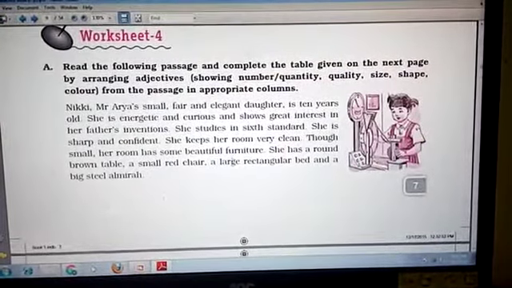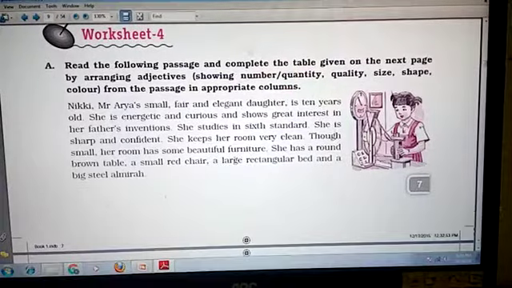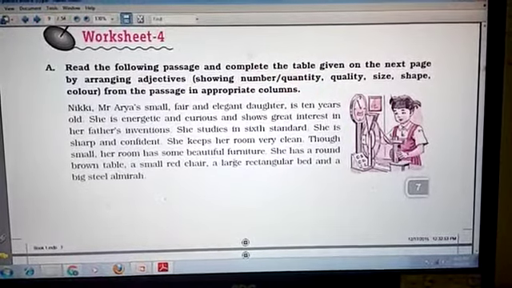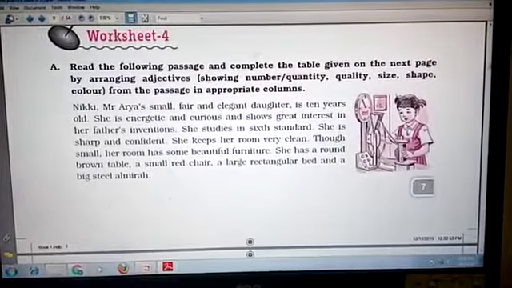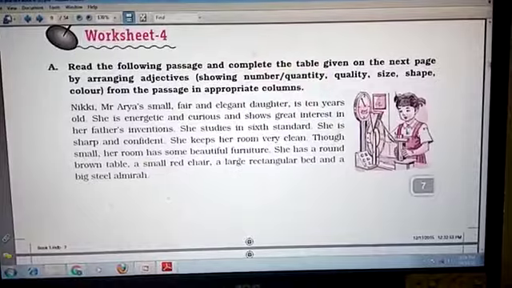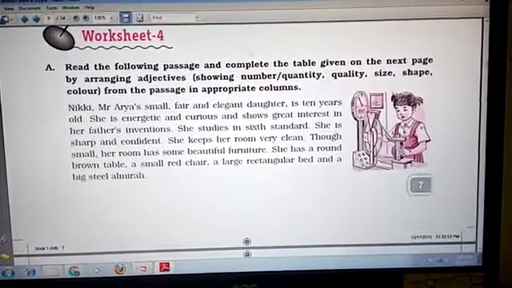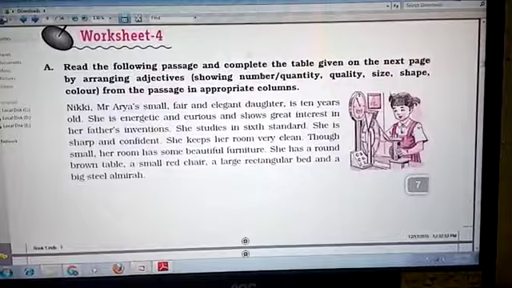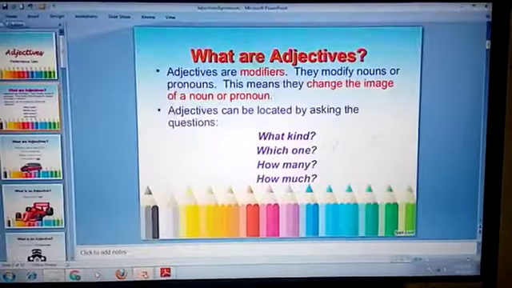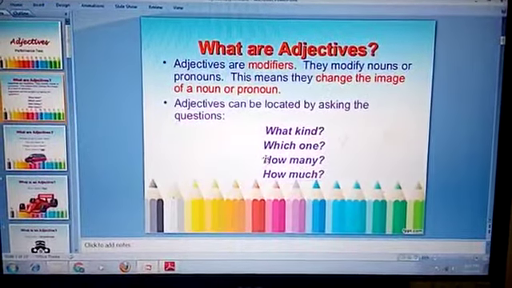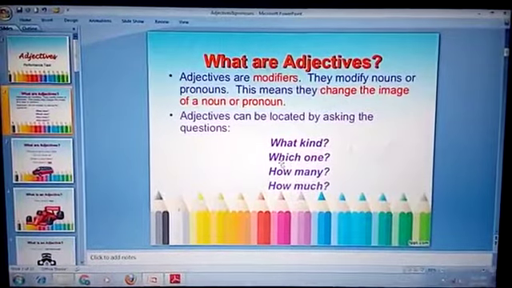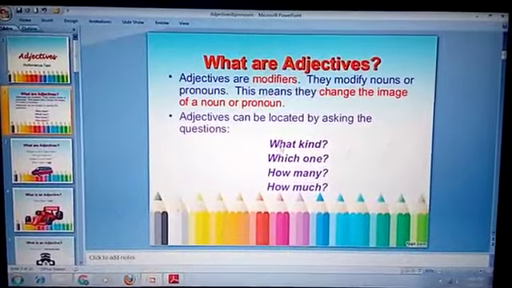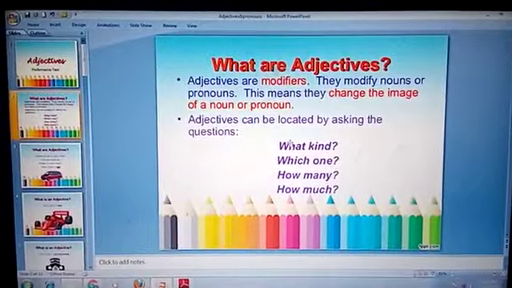First of all, I would like to take you to the definition of adjectives and how to identify it from a given paragraph or a given sentence. Most of you know about adjectives. What is an adjective? In previous classes you also learned it.